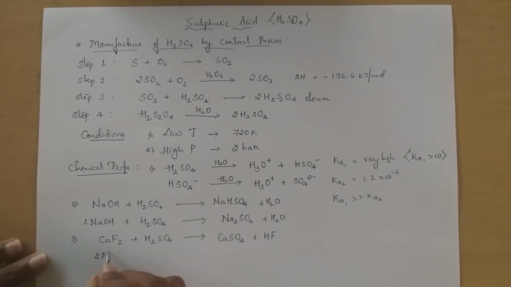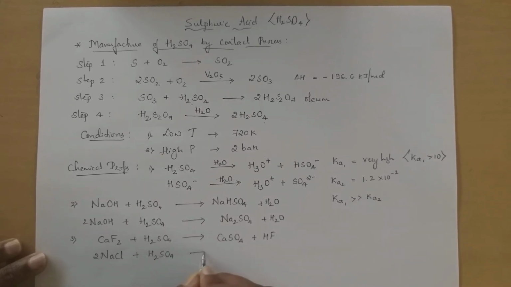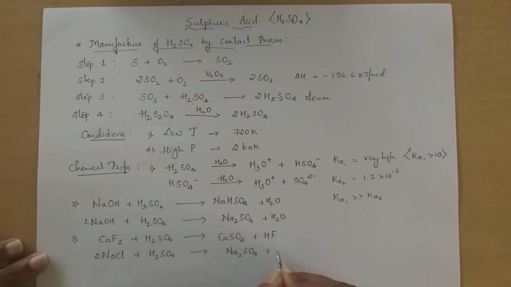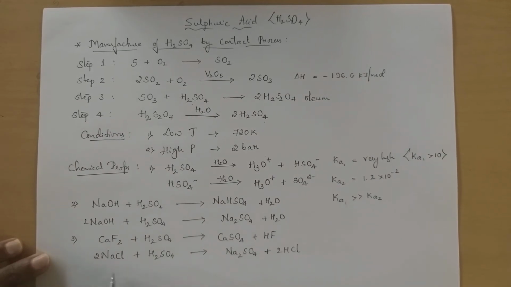Similarly, NaCl, sodium chloride, reacts with it to form sodium sulfate and hydrogen chloride. One more example, potassium nitrate reacts with H2SO4 to form potassium sulfate and HNO3.